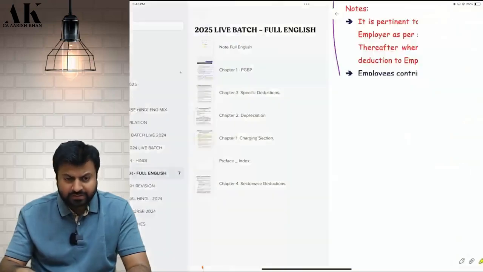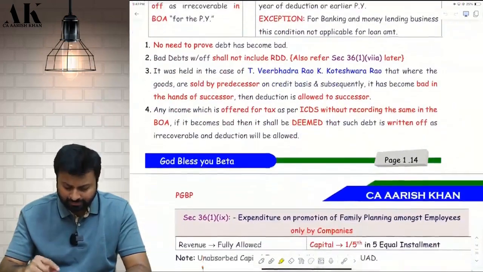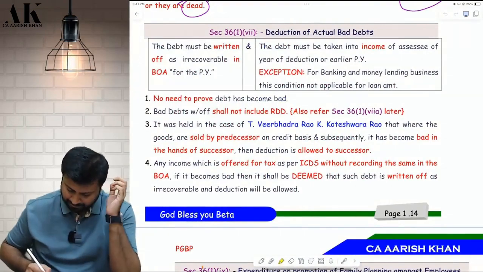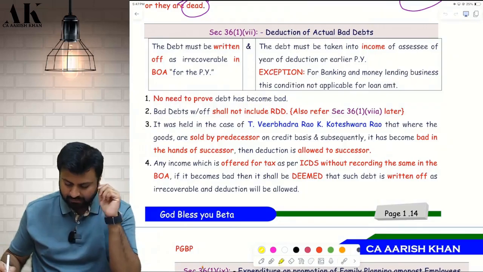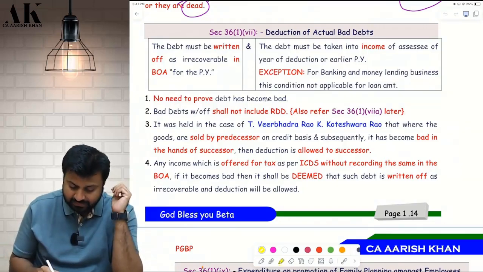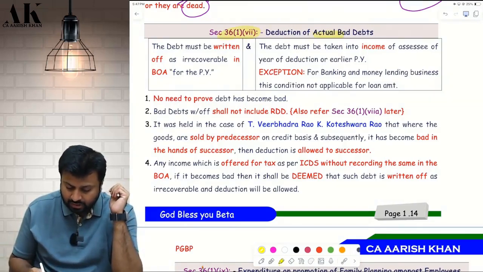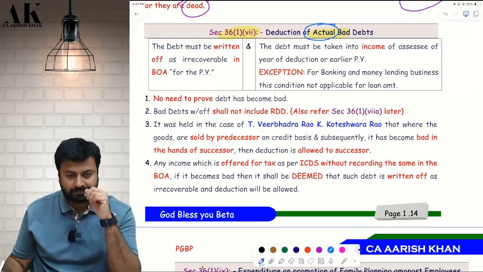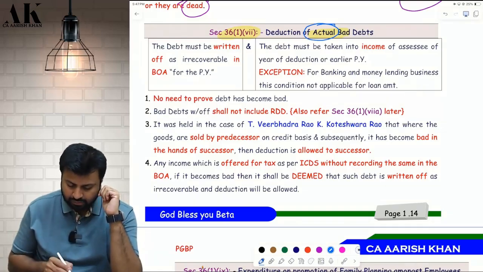So these are the points which are there in this section. There is one more point. I'm coming to that. First of all, I would like to show you all these points over here, and then I will come to that one last point. Okay. The first is deduction of actual bad debts. Which bad debts? Actual, not provision. I've also mentioned over here that bad debts shall not include RDD, reserve for doubtful debts.